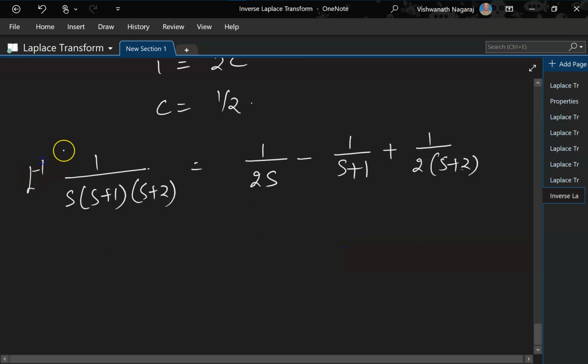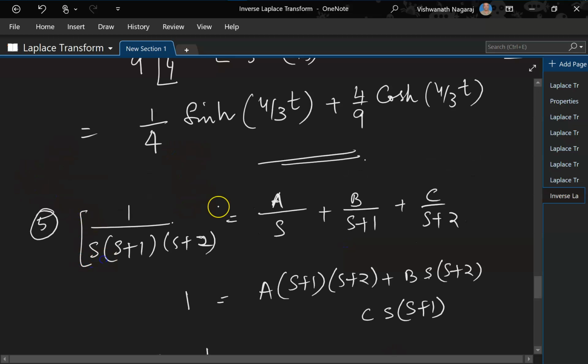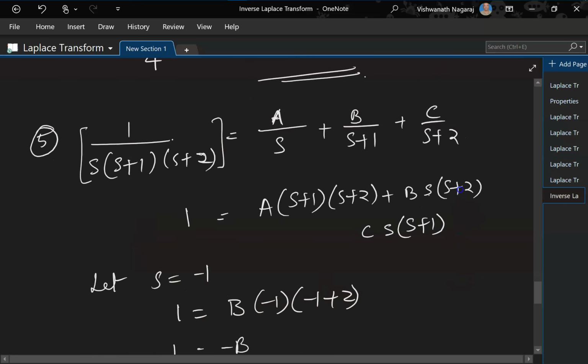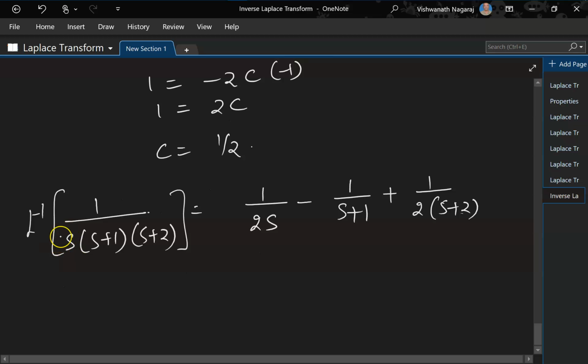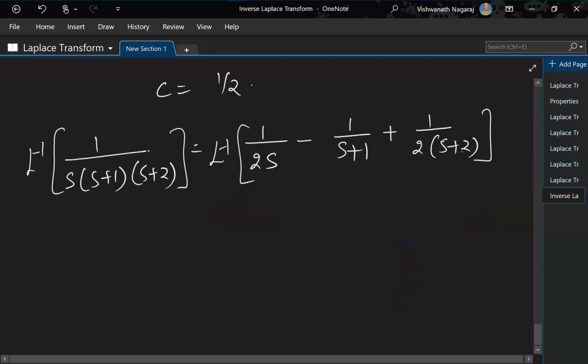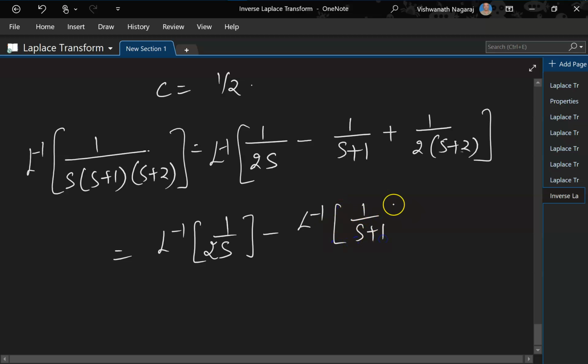So we have to figure out the Laplace inverse of this. I'll just write it like that. Here I'll write Laplace inverse of Laplace transform, which means this is L minus 1. Now we can split this into individual inverse Laplaces: of 1 by 2s, minus Laplace inverse of 1 by s plus 1, plus Laplace inverse of 1 by 2 times s plus 2.